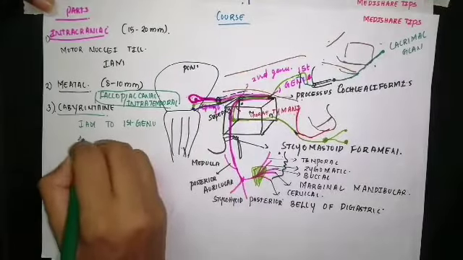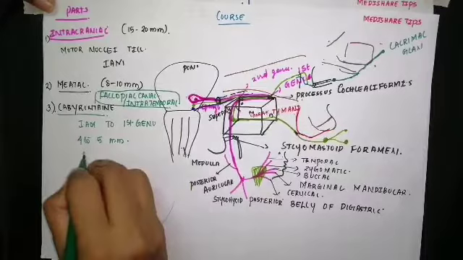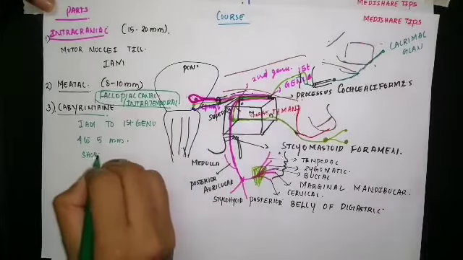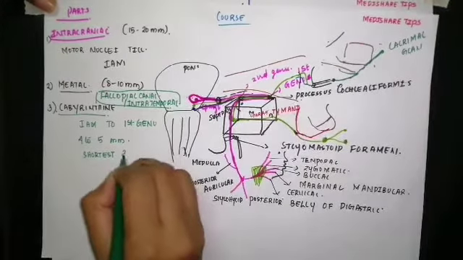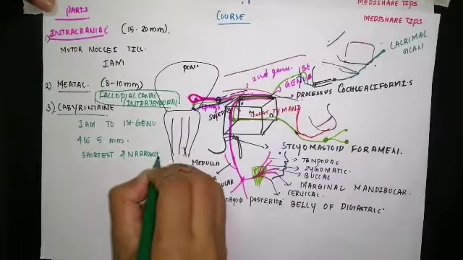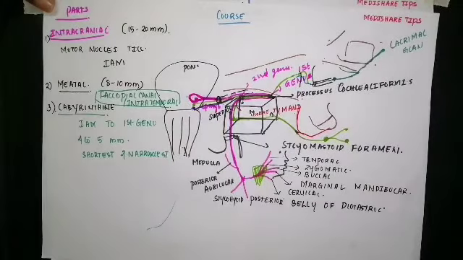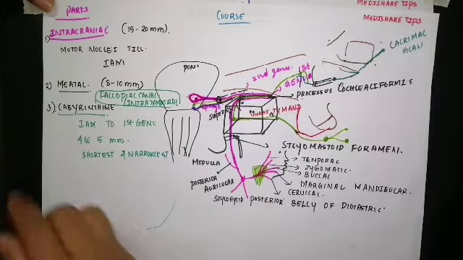It is approximately 4 to 5 millimeter, and it is the shortest and narrowest segment of the facial nerve. The facial nerve is more prone to compression at this point. Any inflammation of the facial nerve can result in facial nerve injury at this point.